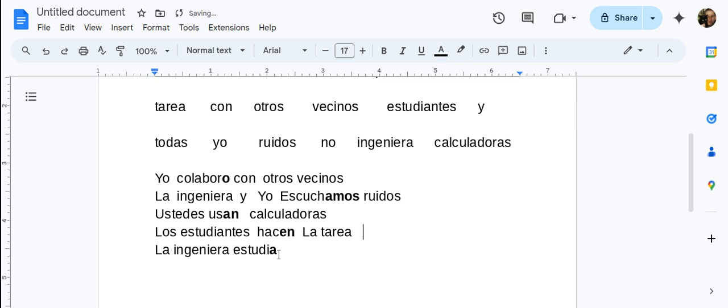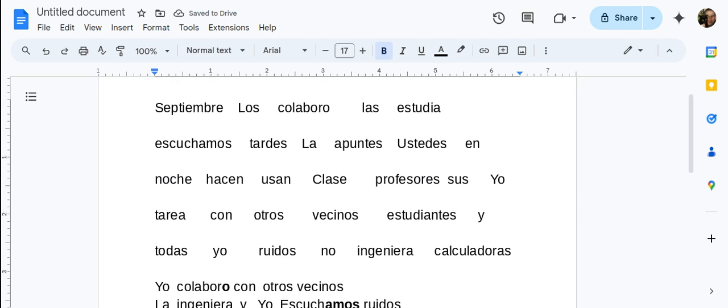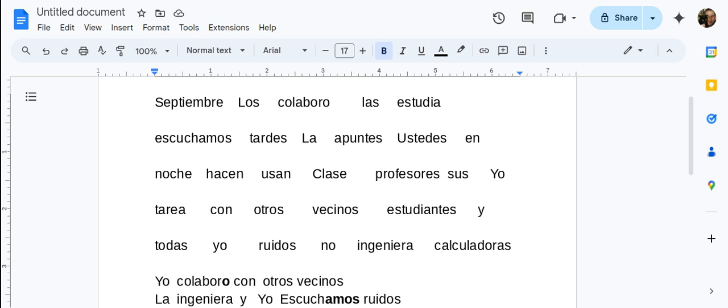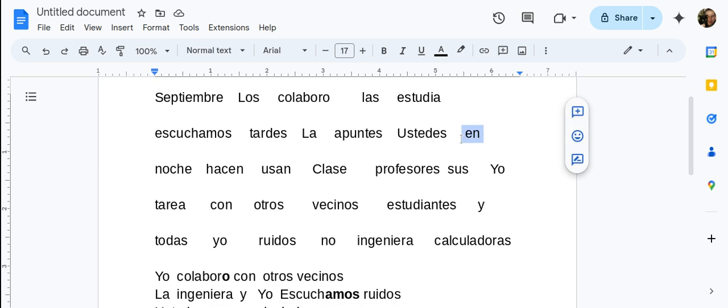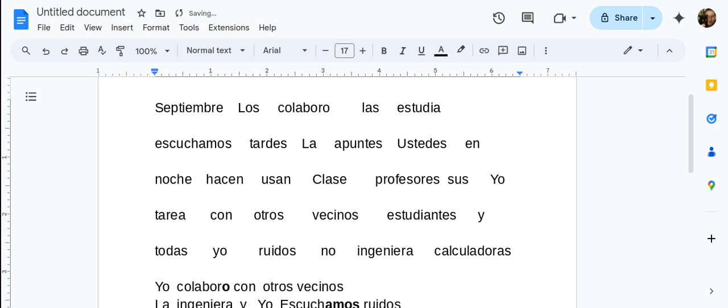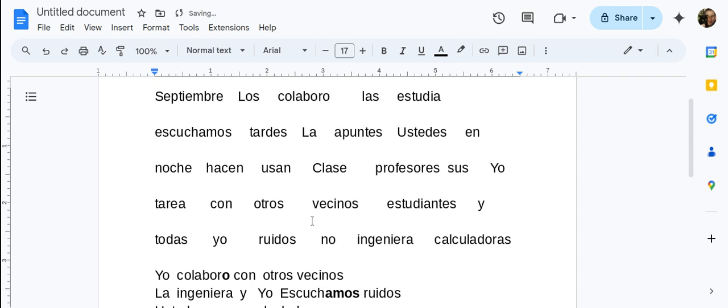And then the engineer studies. What does the engineer study? I don't see anything that the engineer studies, but I can say in the afternoon. I see in the afternoons.